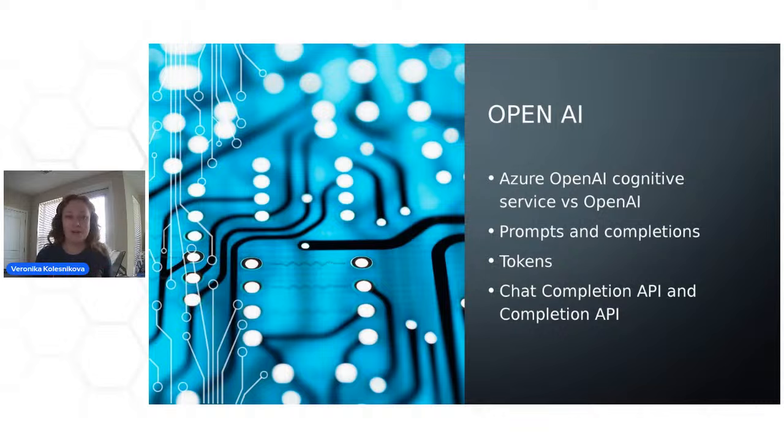I don't know, it might be a book, it might be something creative that you want to do with the Completion API, something that doesn't have to be in chat form.